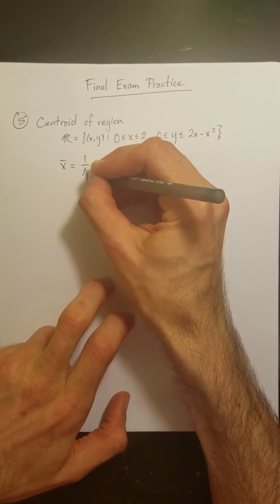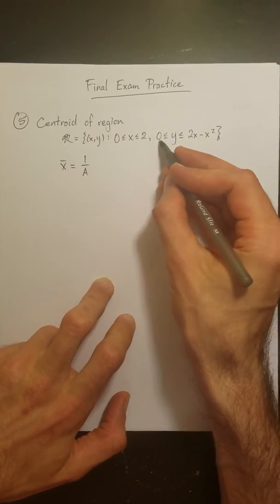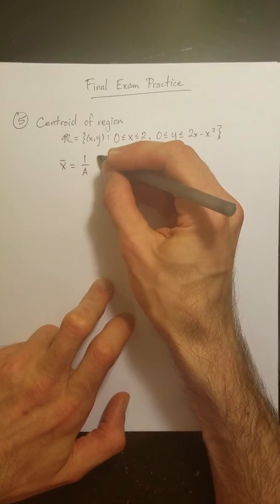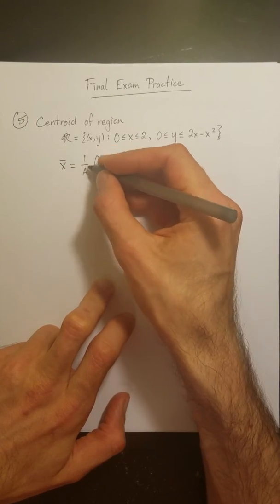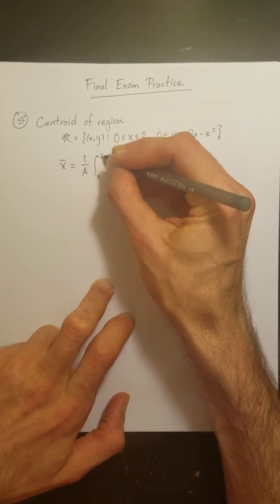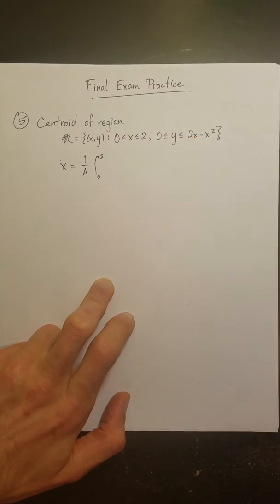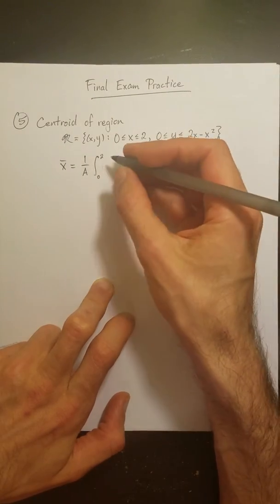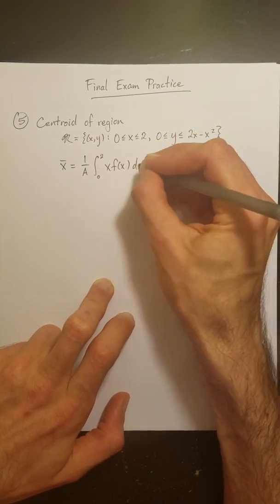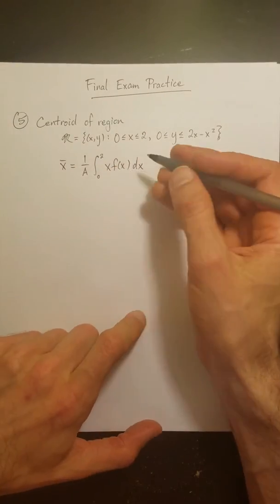In general, when y is bounded between the x-axis and some positive function, the x coordinate of our centroid is 1 over the area of this particular region, which we'll compute in a minute, times the integral from 0 to 2, because those are the bounds on my x, of x times f of x dx. So this is the x coordinate of my centroid.